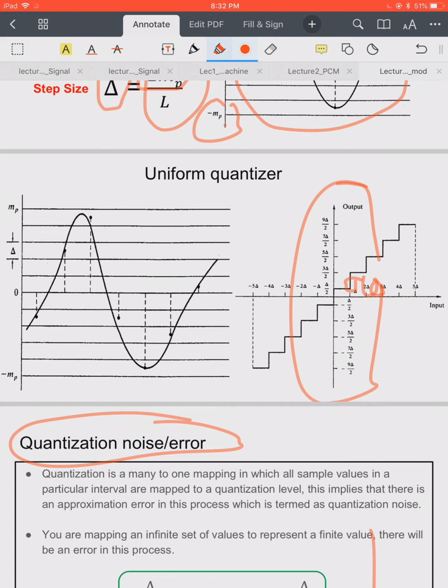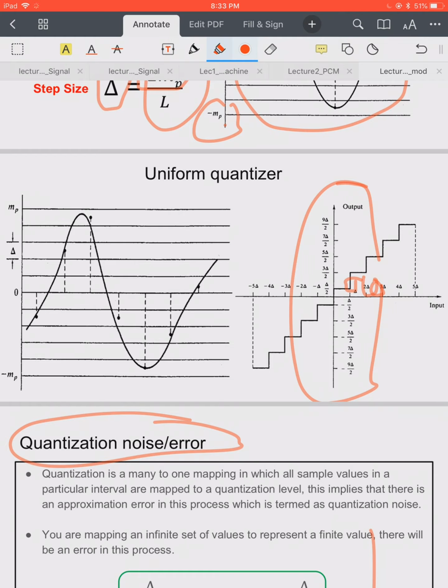In the context of uniform quantization, for instance, we took the quantization interval 0 to delta, and for this previously considered quantizer with an even number of quantization levels, all the sample values in 0 to delta are mapped to delta by 2. So naturally, if the sample is 0, we are going to have a quantization error, which is basically the sample subtracted from the quantization level.